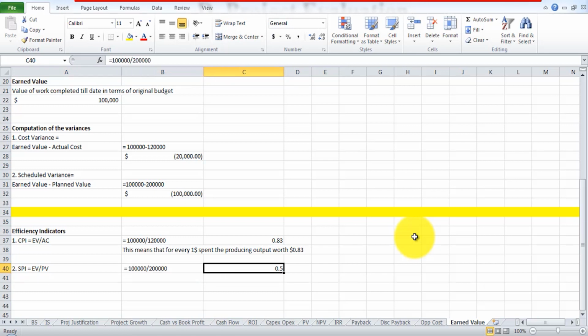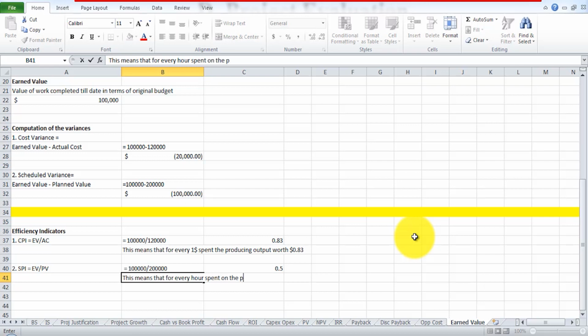Similarly, we can interpret the SPI, the schedule performance index. Now the schedule performance index is at 0.5 over here. This means that for every hour spent on the project, it is generating a productive output of only 0.5 hours, that is 30 minutes.